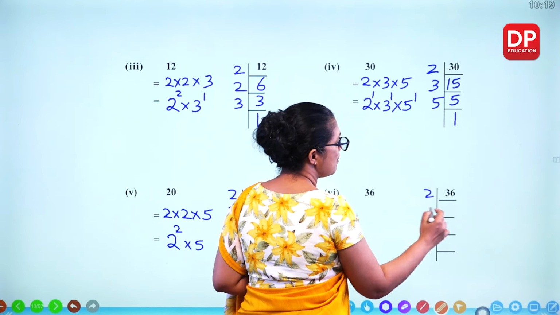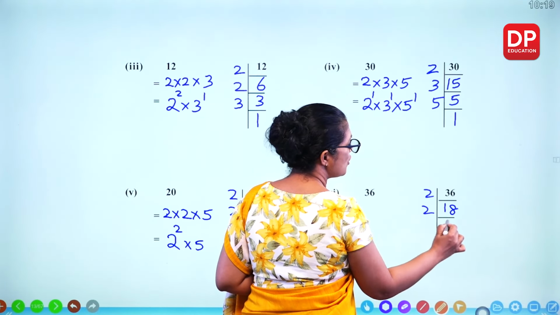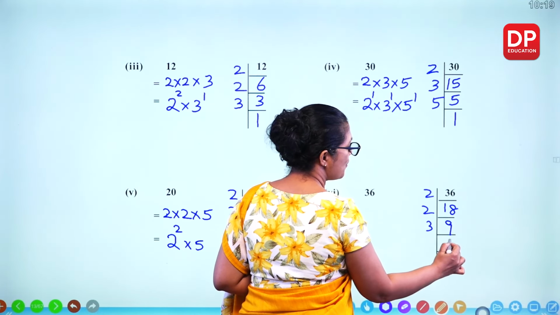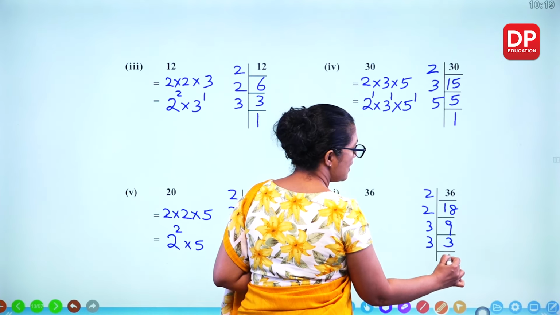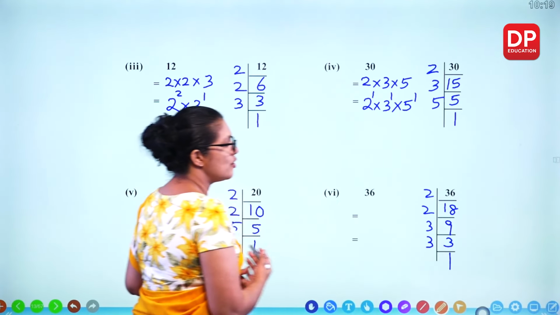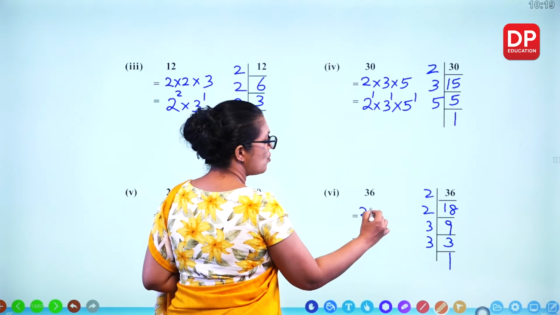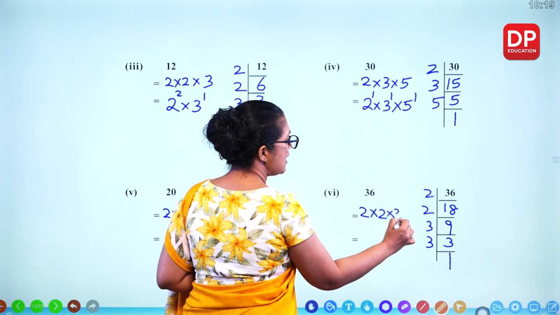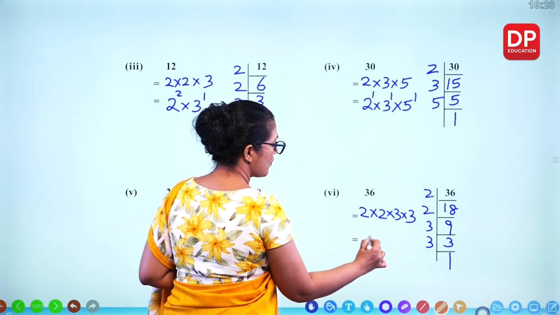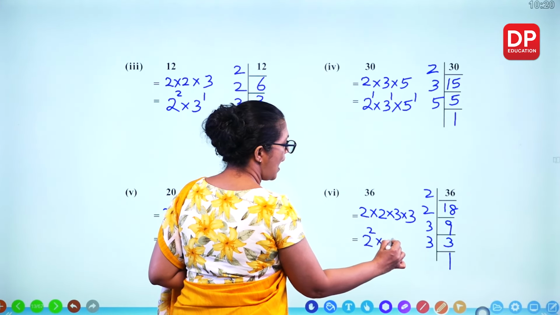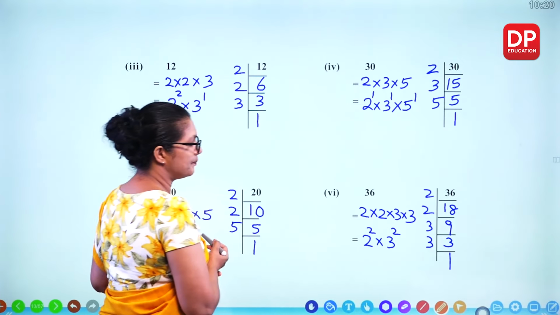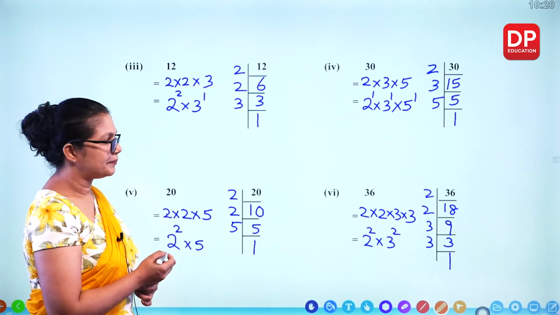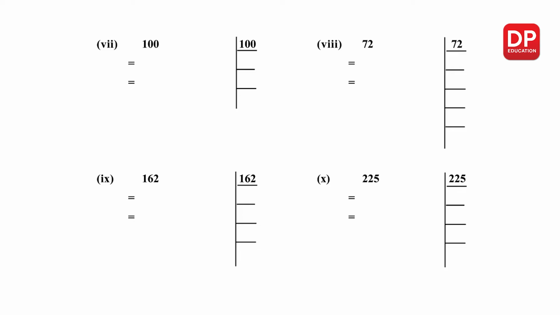36. Divide by 2, you get 18. Divide by 2, 9. Divide by 3, you get 3. Divide by 3 again, you get 1. 2 times 2 times 3 times 3. 2 2's and 2 3's. So you can write like that. 100.